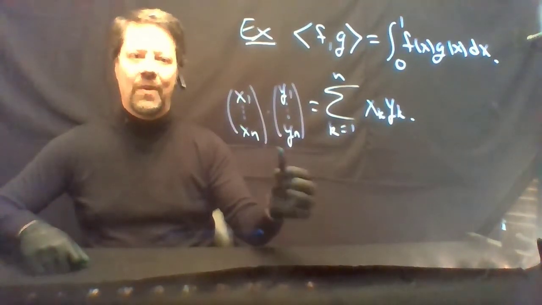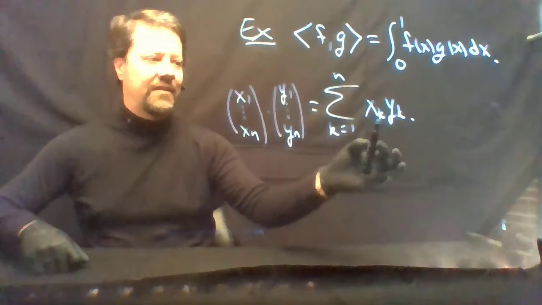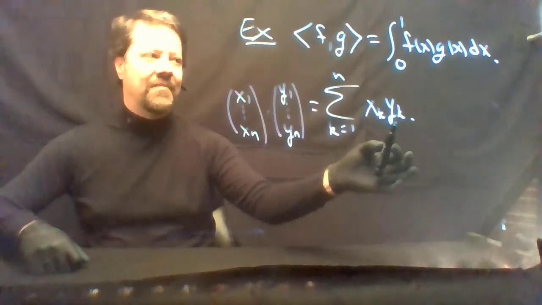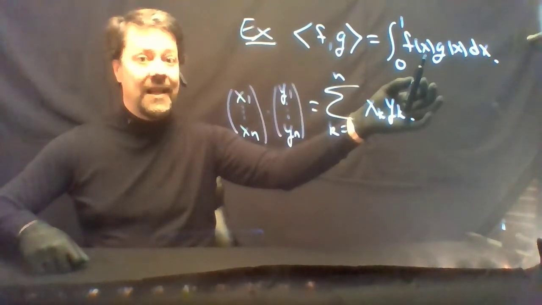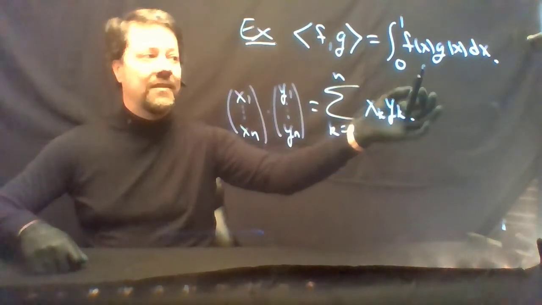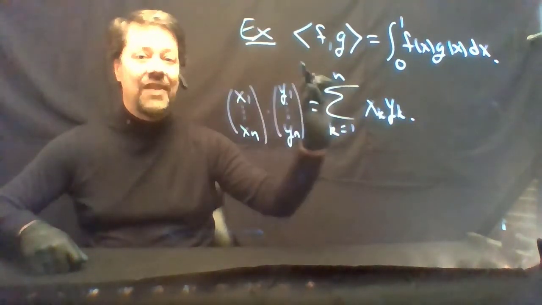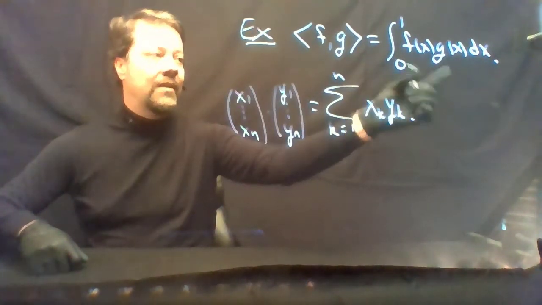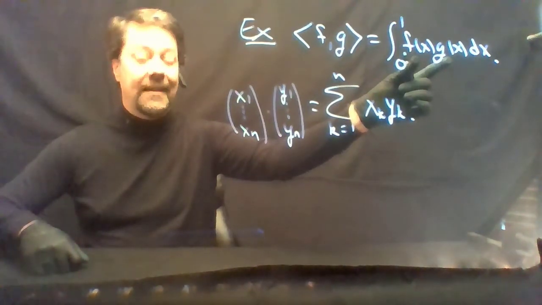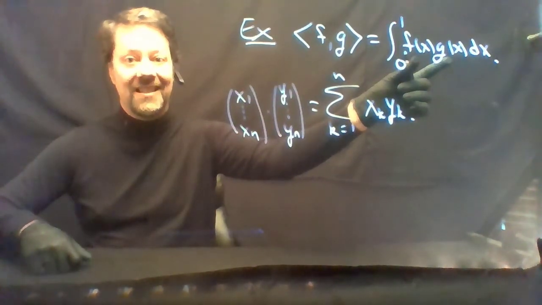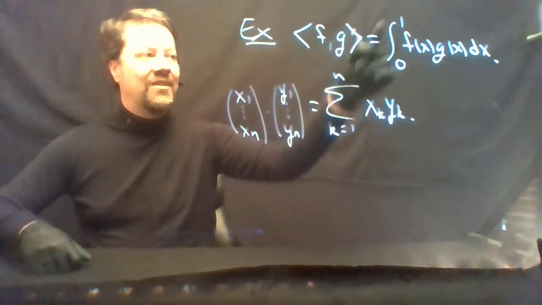Multiply the corresponding coordinates and add them up on this index k. In this case, the indices are the x values, and there are clearly a whole continuum of those values. We multiply the outputs at the common x values, the common indices, but to add them up requires an integral.